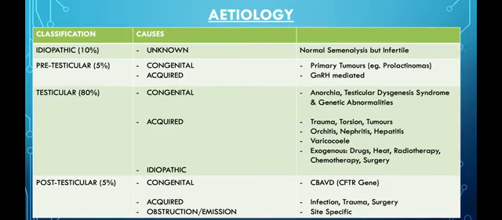Pre-testicular causes take up about 5% of cases and can be grouped into congenital or acquired, where one could have primary tumors such as prolactinomas, or GnRH-mediated causes. Things that stimulate GnRH include melatonin from the pineal gland, while corticotropin-releasing hormone, testosterone and inhibin could potentially inhibit gonadotropin-releasing hormone.